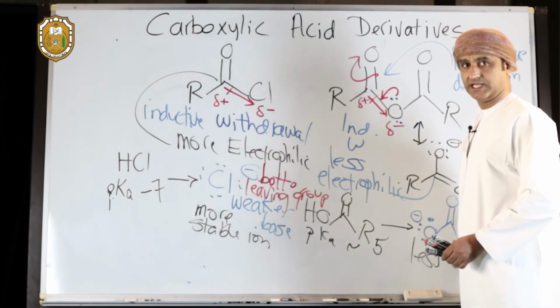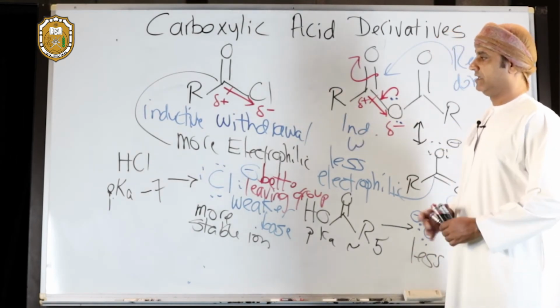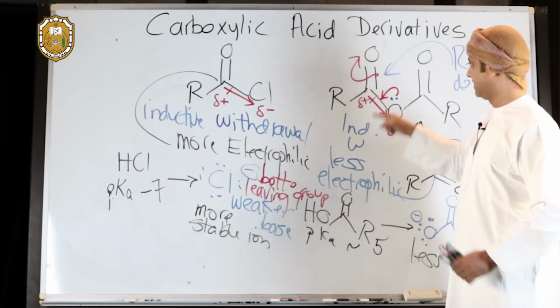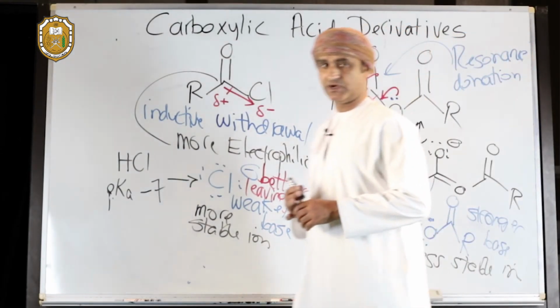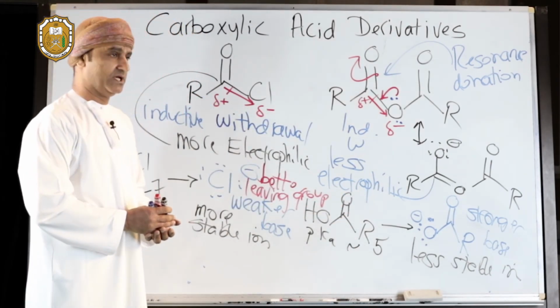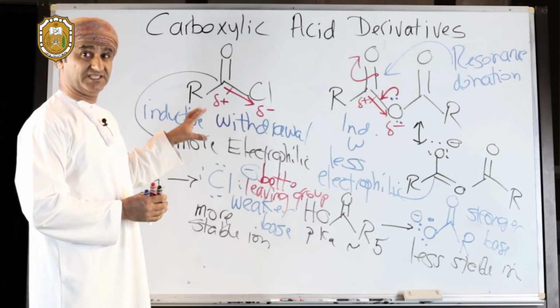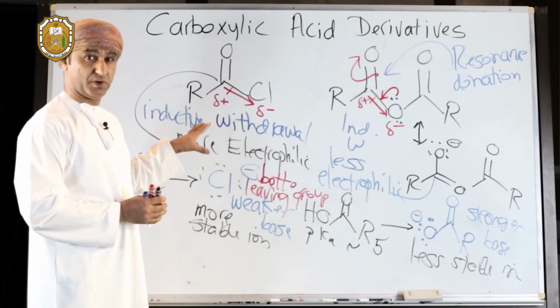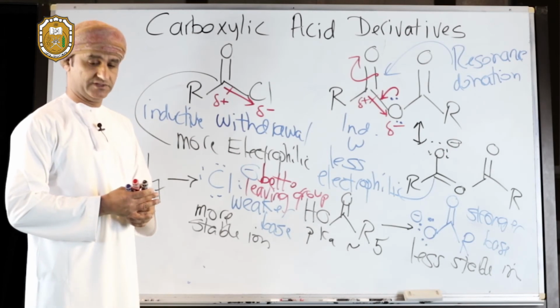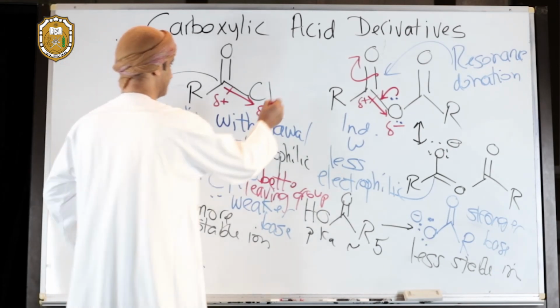So not only is that carbon in acid chlorides more electrophilic than carbon in acid anhydrides, the chloride ion also is a better leaving group. This entitles, if you like, acid chlorides to be more reactive than carboxylic acid anhydrides in nucleophilic acyl substitution reactions.